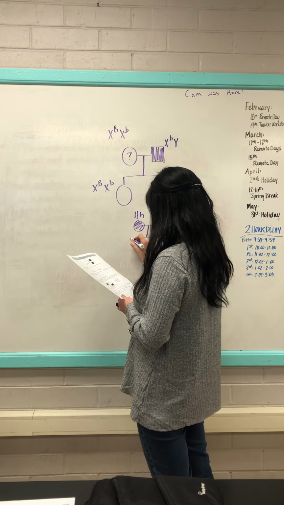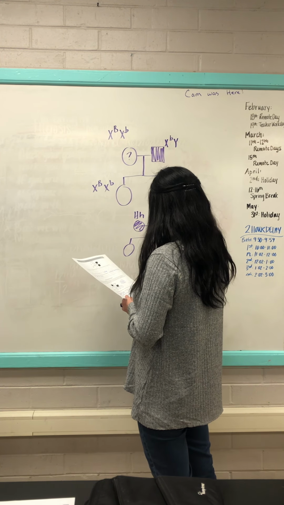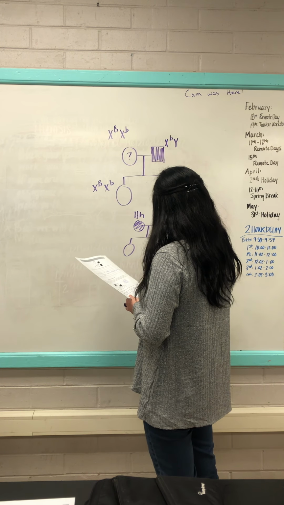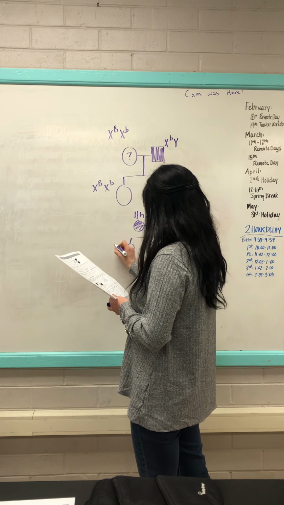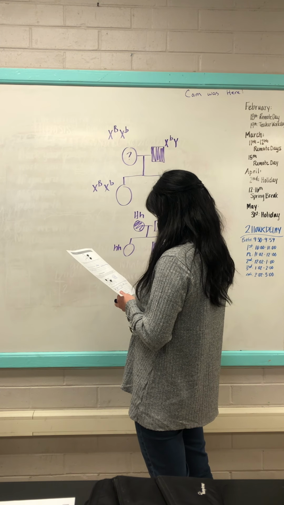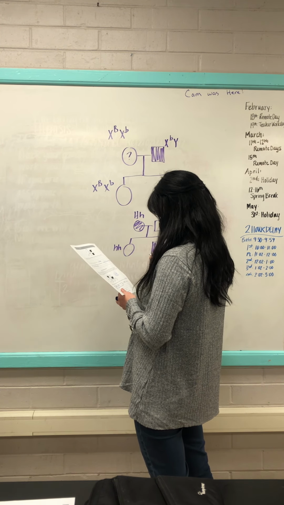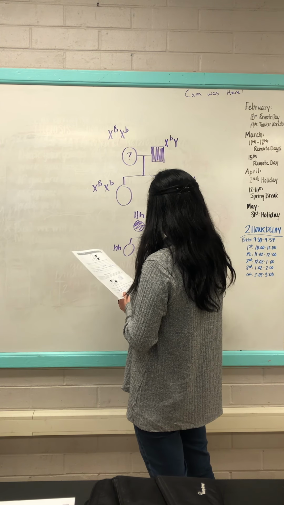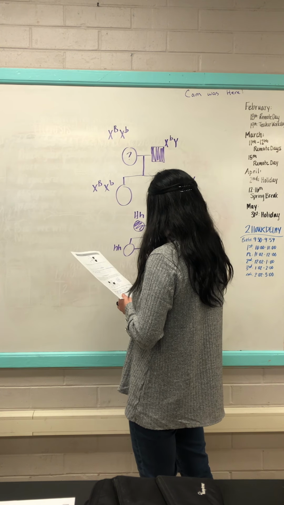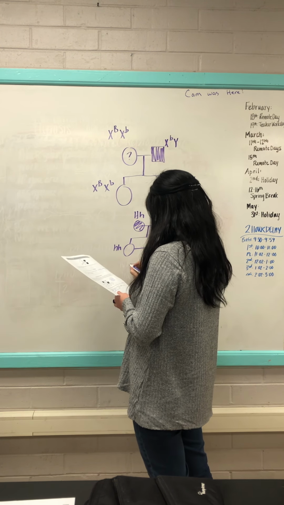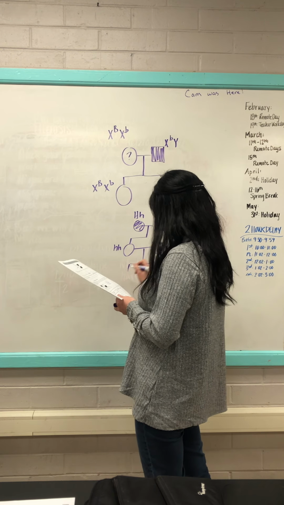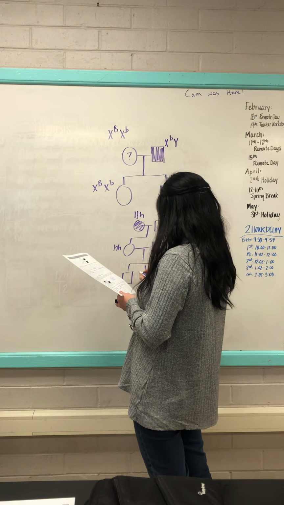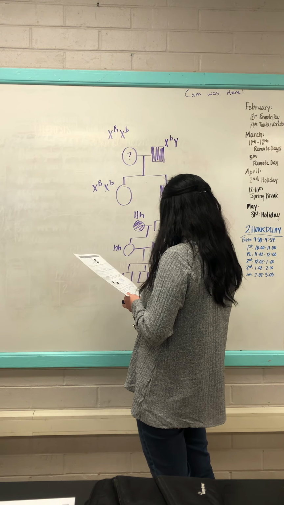Then they had 1 kid, and then they had kids. What does the line mean in between people on the pedigree? Yeah, that they're married or that they had kids together. Doesn't necessarily mean they're married, but.